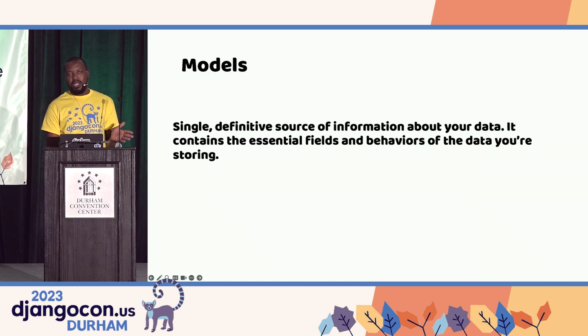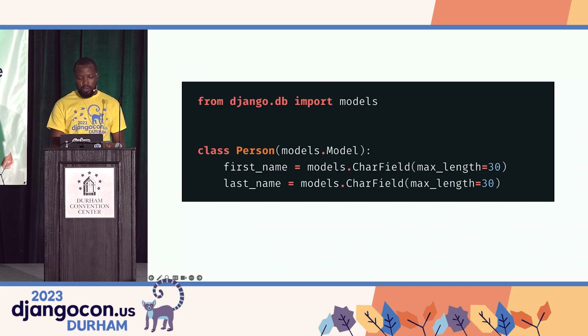You don't have to look at the database. You don't have to write queries, things like that. That's how you would define a model. And the catch is that you just have to subclass the models that come with Django.